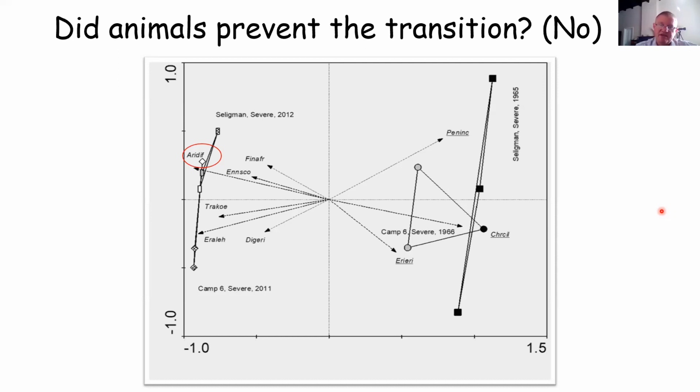And even these severely grazed sites over time have shifted essentially to grassy sites. Not quite grassland, arguably, but nearly grassland. And they are dominated by Fingerhuthia, Enneapogon, Eragrostis tragus, Digitaria, etc., Aristida diffusa. So even heavy grazing pressure wasn't enough to stop this transition, essentially this biome transition from Nama-Karoo to grassland.